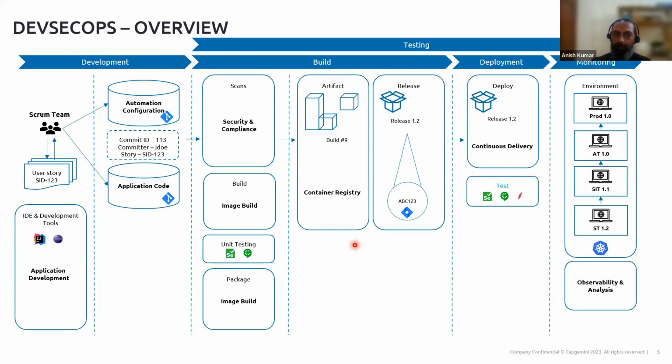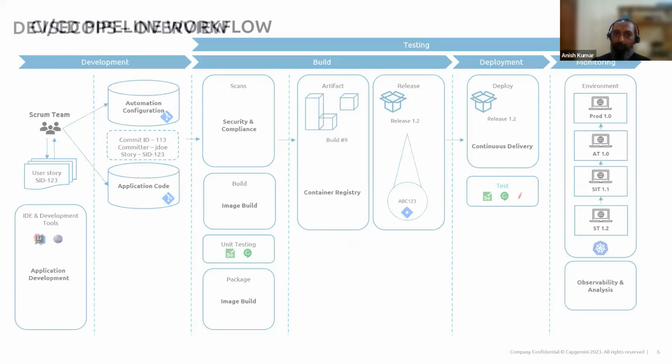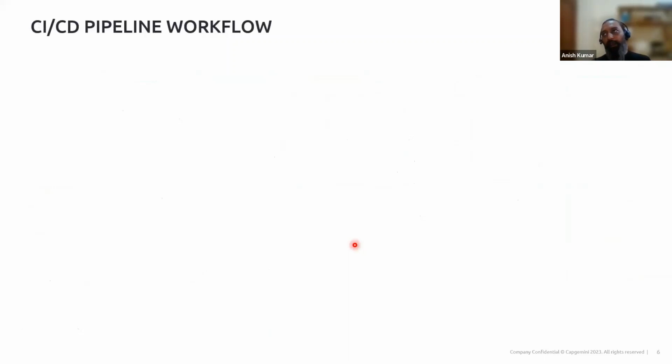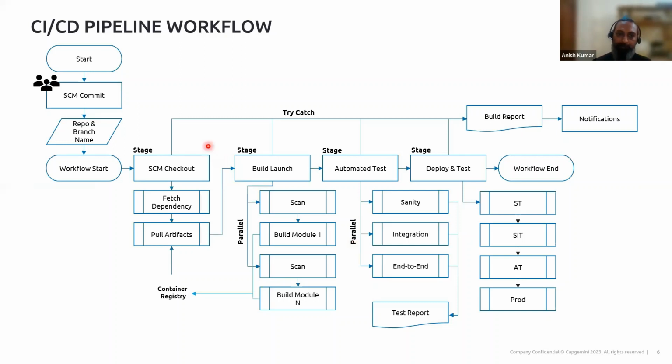Let's try and understand how a typical continuous integration and deployment pipeline workflow happens. I mentioned it starts with your commit into a branch or repository. Once the commit is done, that is where typically the workflow starts.